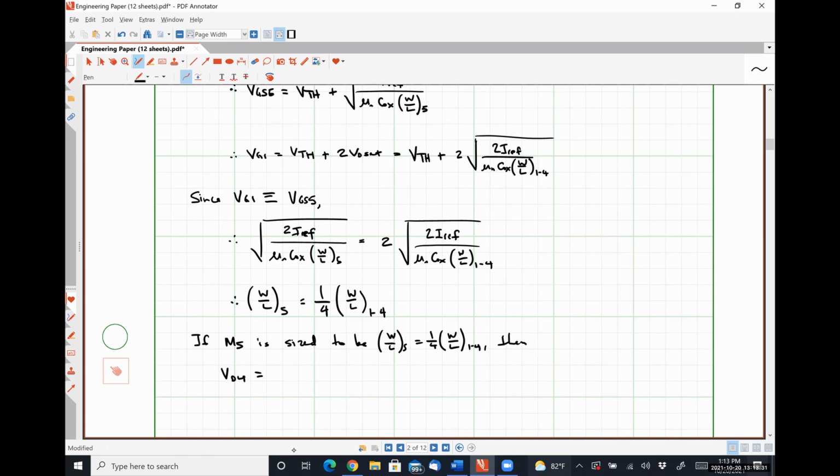VD4 is exactly equal to VDSAT. VG1 is exactly equal to VTH plus 2 VDSAT, and VD2 minimum will simply be twice VDSAT.